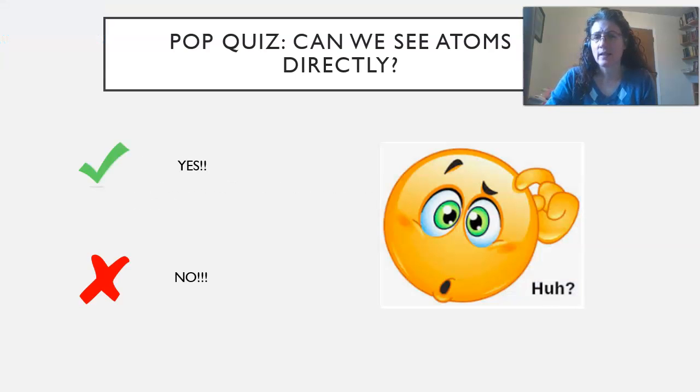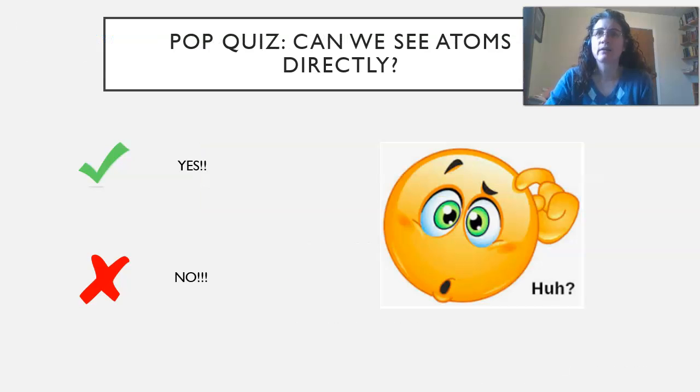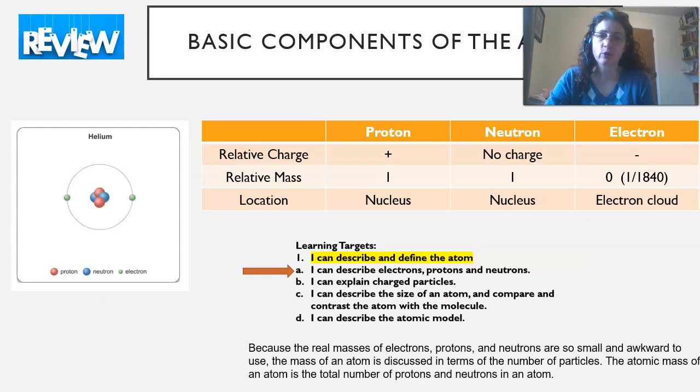We can't see atoms directly though. We do have some models to help us out, and that's what we're looking at, a model of an atom. We have already talked about their relative charge, and their mass is based on how big they are.